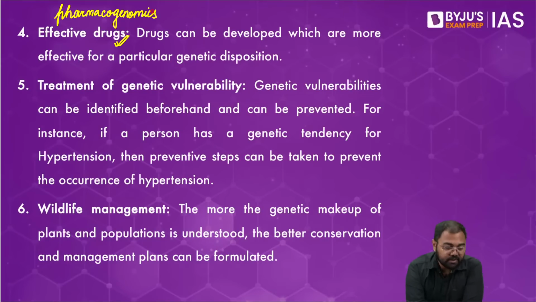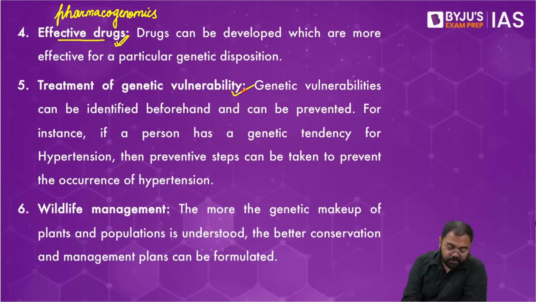So that is what pharmacogenomics is about, and it becomes very useful in making effective drugs. With the understanding of the entire DNA structure of a person, we will be able to make better drugs with regards to those genes. So to make effective drugs, we can make use of DNA fingerprinting.